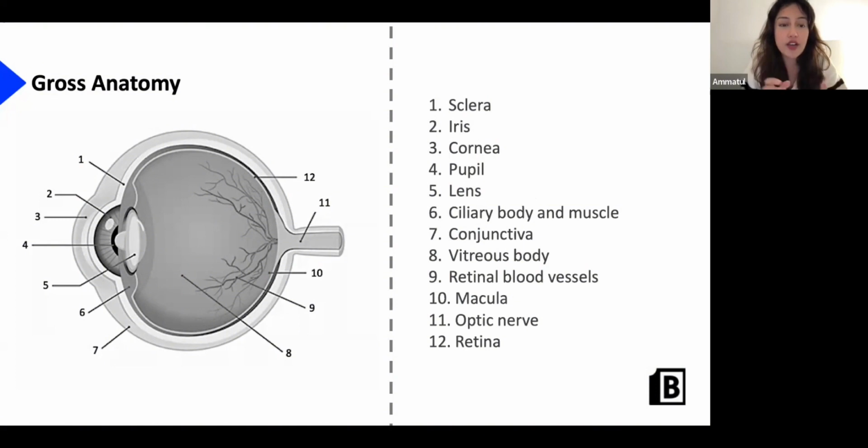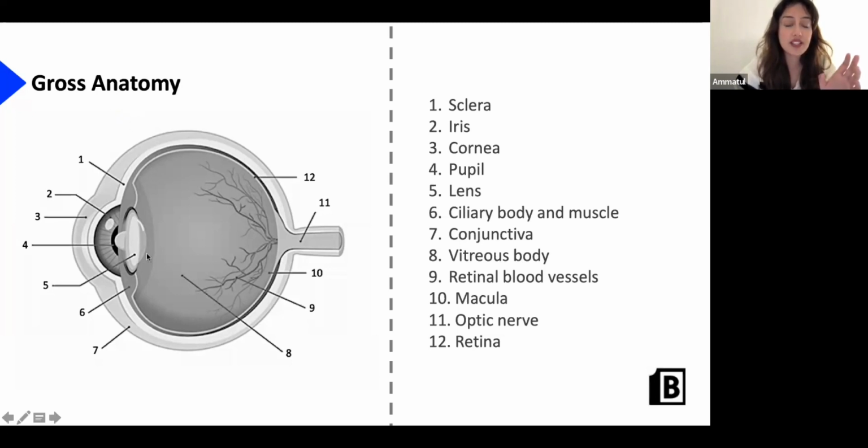Now, when I was first learning ophthalmology, eye anatomy type areas, I found it quite difficult to know where to start when it came to learning the anatomy of the eye. So the thing that I found the easiest is, first of all, splitting it into layers. So you have the outer layer, the middle layer, and the inner layer. And when you go through the structures around it, it just makes a bit more sense. Or you can do it through the segments.